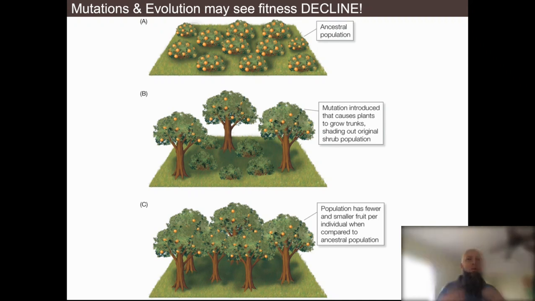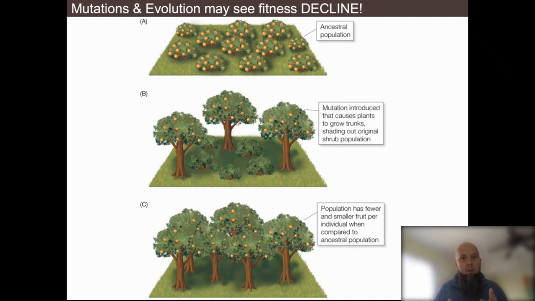Okay, so the overall fitness of this population of fruit trees is probably lower than it was originally, okay? But because of this mutation that arose, the population evolved, and there was really no other way for this to go other than the population decreasing in fitness due to the mutations that arose, okay?